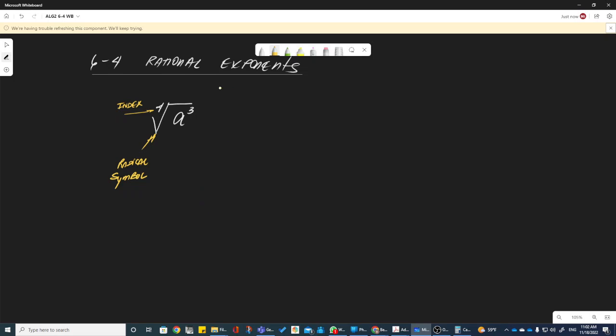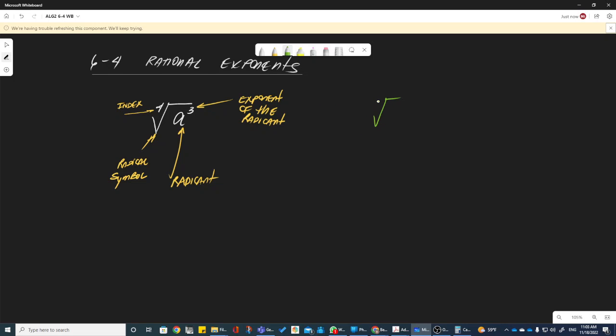And that's the exponent of the radicand. Okay, and of course whatever's inside of the house, we call that the radicand. So these are the basic parts of a radical expression.